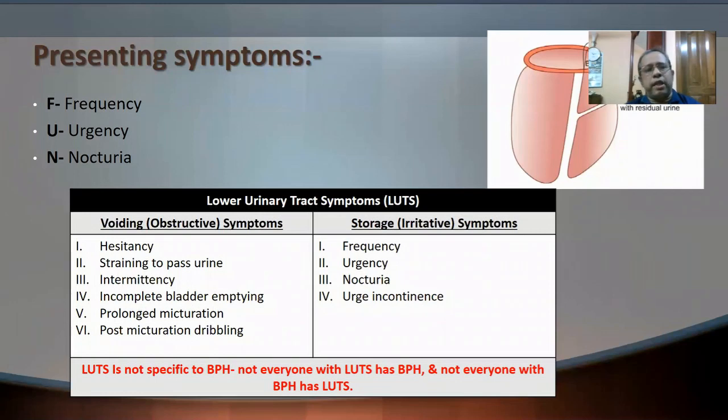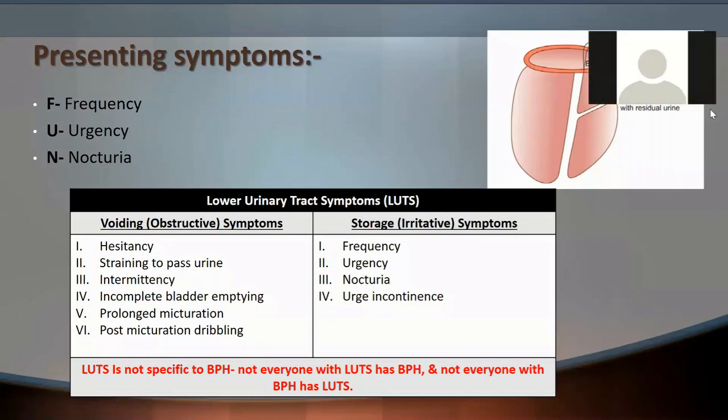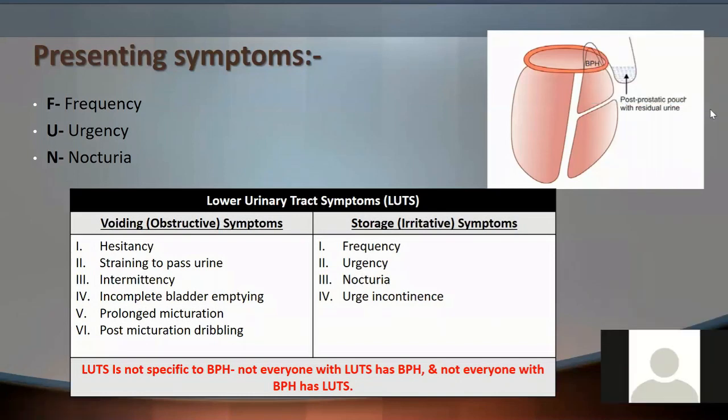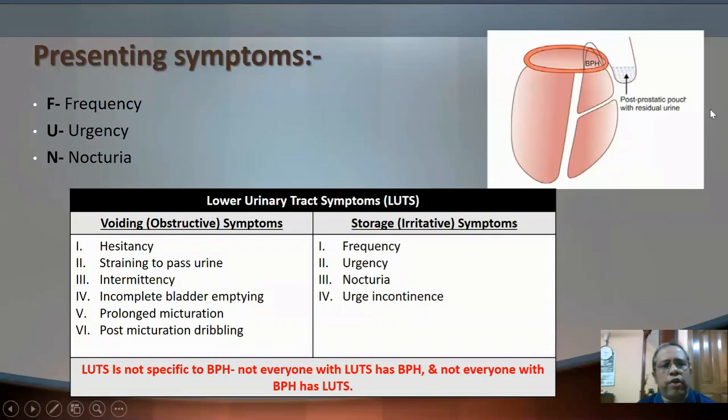So what are the presentations of BEP? For easy memorization, the terminology is very simple. For the exam, you remember FUN. So what is FUN? F for frequency, U for urgency, and N for nocturia.